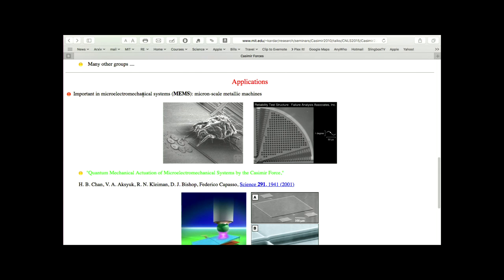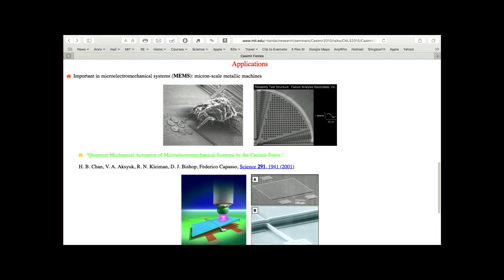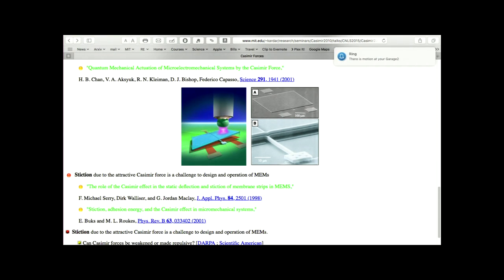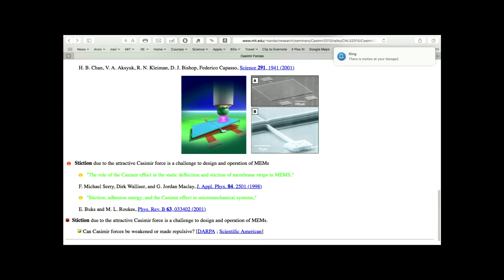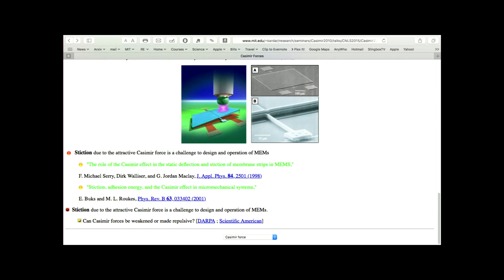If the attractive forces cause portions of the device to suddenly stick to each other, you can't separate them, and the device fails. So there was a lot of effort, about 10 years ago, which I will briefly discuss, as to whether it is possible by some trick to make the attractive Casimir force become repulsive. At some point we'll discuss that.